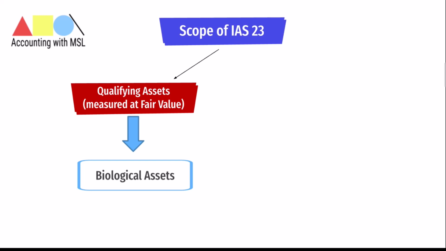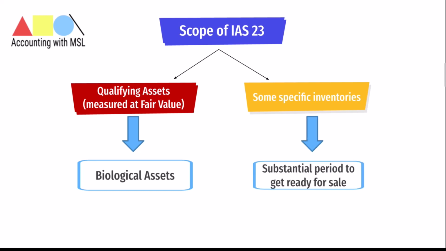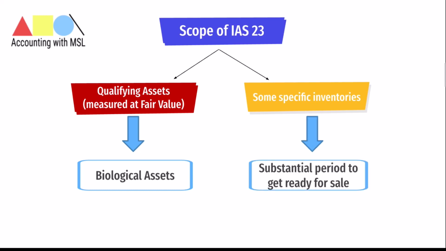The next out of scope item will be inventories that are manufactured or otherwise produced in large quantities on a repetitive basis and that take a substantial period of time to get ready for sale. An example of this will be maturing whiskey.